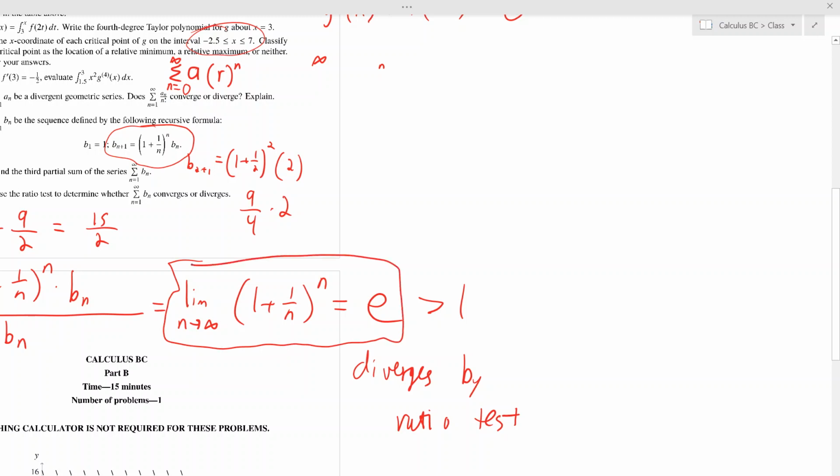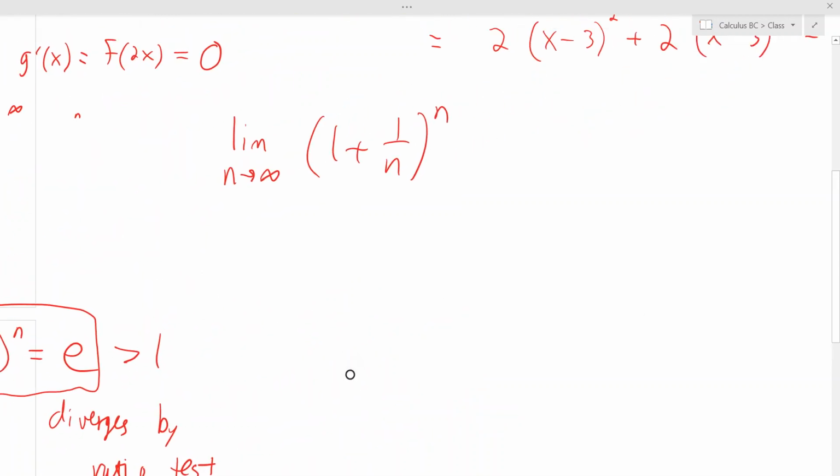So anyway, the reason why this limit is E, and this is definitely important because you can expect L'Hopital's rule to happen here. If you try to plug infinity into that, you're going to get 1 plus 0. Now remember, it approaches this, it doesn't equal this, raised to the infinity, which is 1 to the infinity.